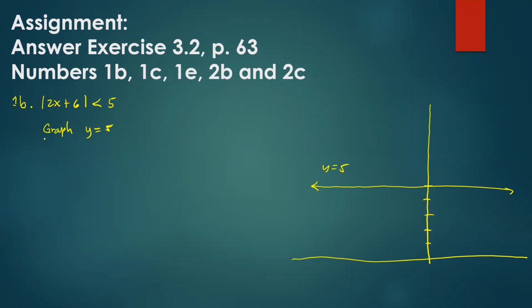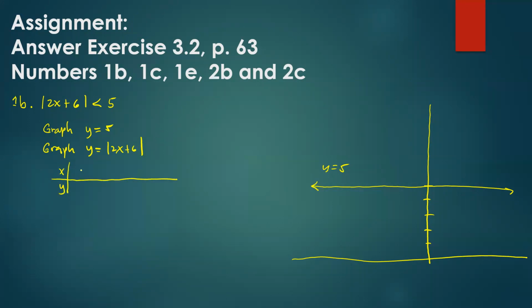So then afterwards, we are going to graph y is equal to the modulus of 2x plus 6. Okay, for us to graph this, we need to have the table of values, right?